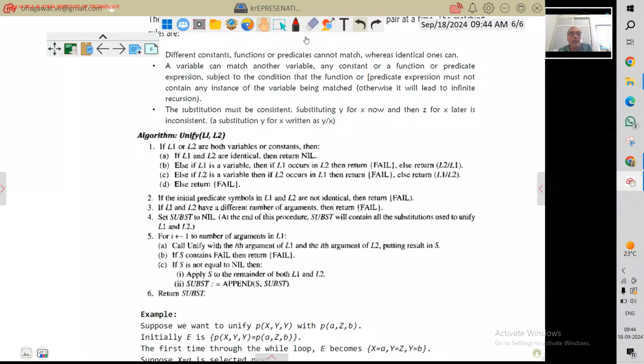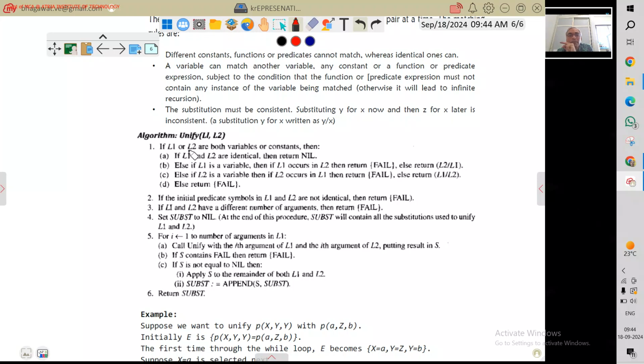Let us see what the algorithm says. It says unify L1 comma L2. You are taking two literals and you want to unify both the literals. So obviously there will be two arguments. The first step says that if L1 or L2 are both variables or constants.